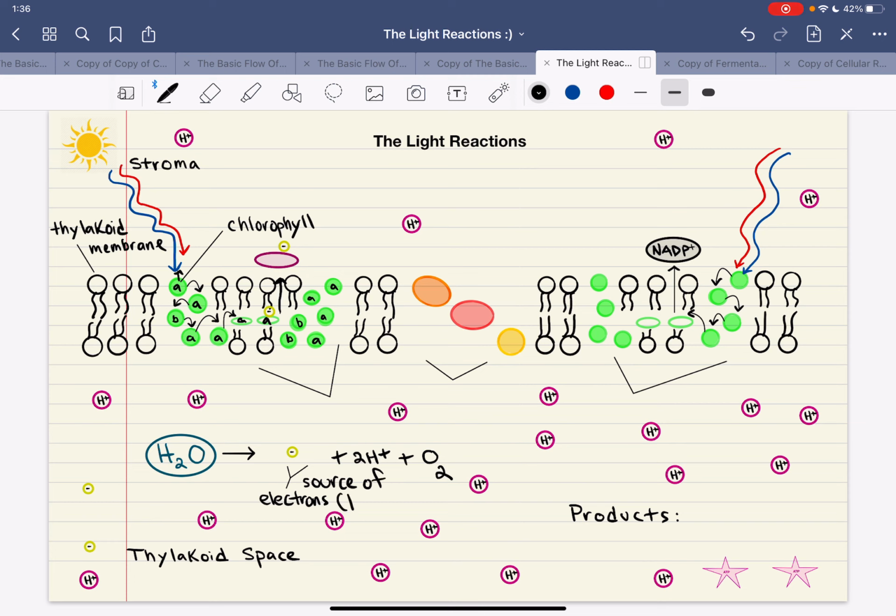And these electrons here don't have much energy. But once they get boosted or excited using the energy derived from sunlight, they get boosted up to a higher energy level. So once that electron gets here, it now has high energy. And we're going to use that energy to do a few things, both to build glucose and to produce some ATP in the process.